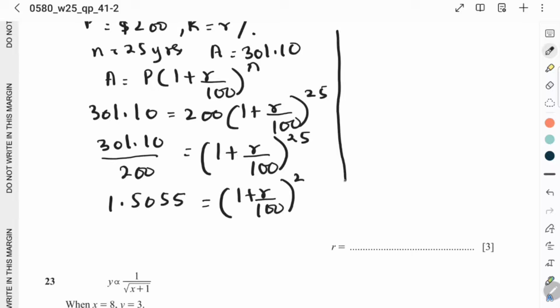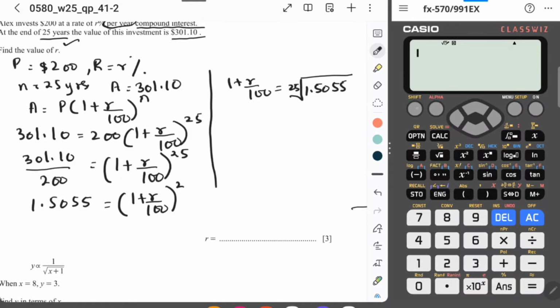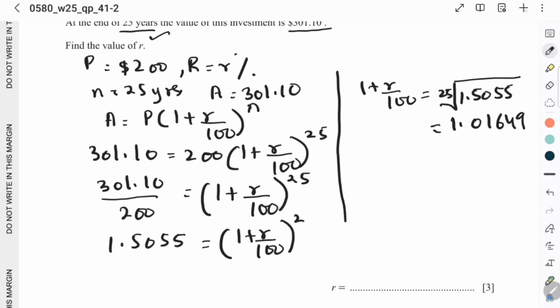Take the 25th root of 1.5055. 1 plus r over 100 is equal to the 25th root of 1.5055. So use shift and this button. Write down 25th root of 1.5055. That is coming 1.01649. Alright, so that is 1 plus r upon 100.